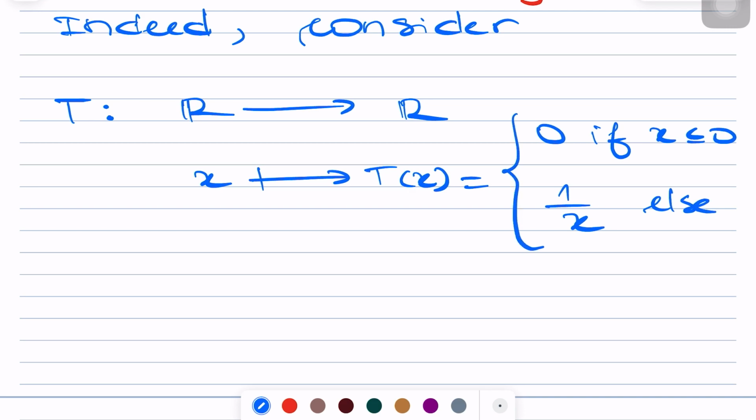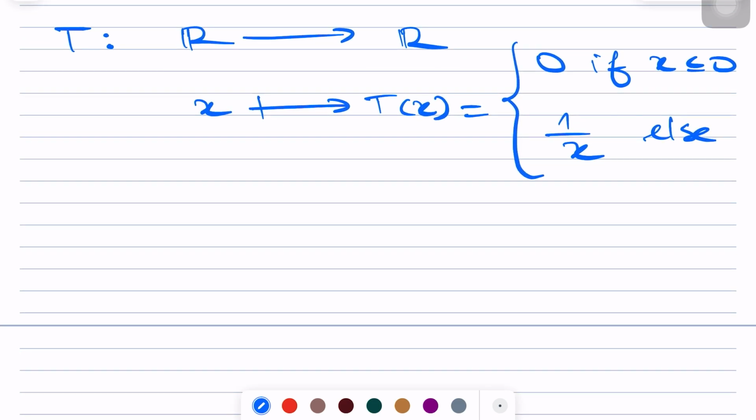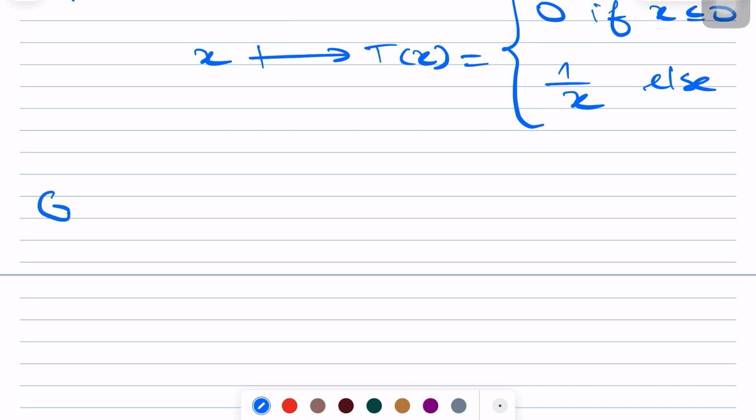So the graph of T is equal to the set of x, y with x in minus infinity to 0 and y equal to 0.